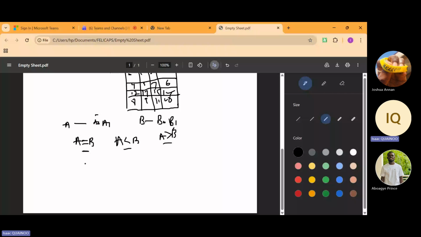If you have 2-bit binary numbers, like let's say 0, 0, 0 and 1, in which cases would they be equal? They can only be equal when the first bit is the same as the first bit and the second bit is the same as the second bit.